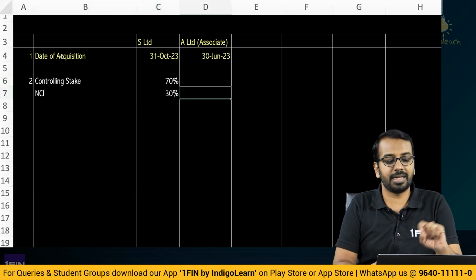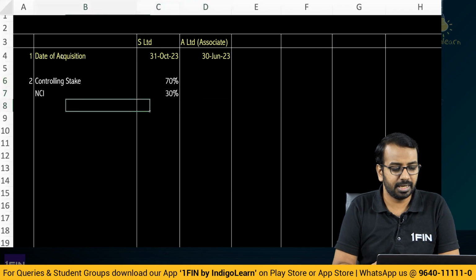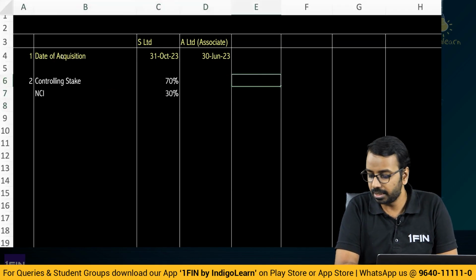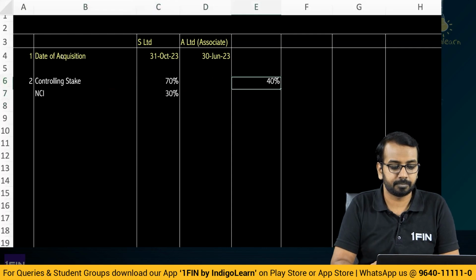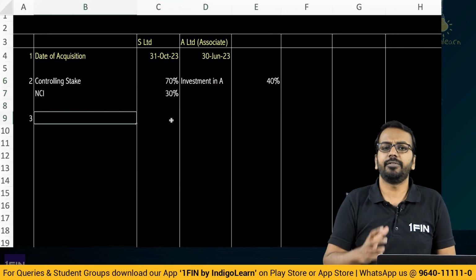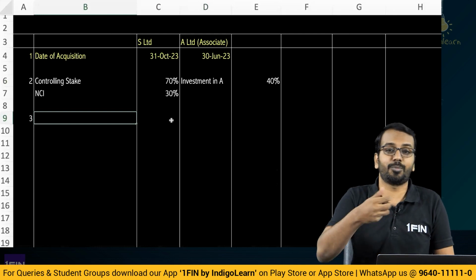Now, as far as associate is concerned, it is not a controlling stake. You can just say in associate, investment is 40%. Now, after having done this, we will do analysis of reserves, or identify how much is the pre-acquisition and post-acquisition reserve.